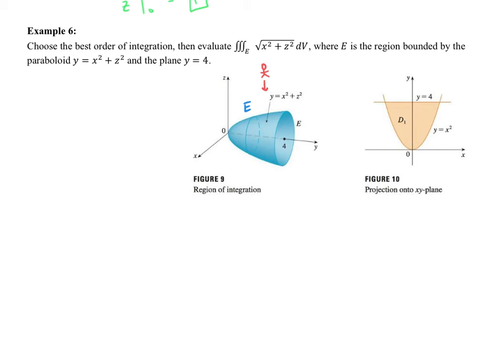This would be, if we were to project it that way, a type 1 region, because that means that z would be on the innermost integral. And I'm going to write this one out for us. So z would need to be, and this is the part that's relatively complicated, when you're looking at your object right here, if it's type 1, z would be the top half of this paraboloid and the bottom half.